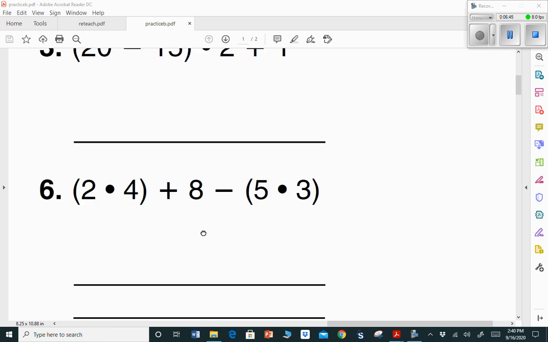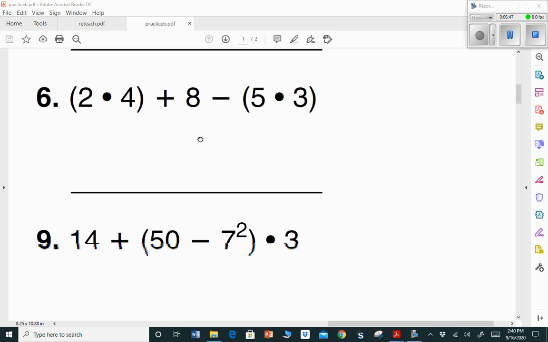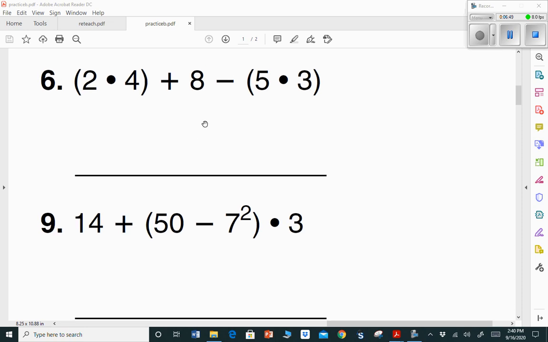Let's go ahead and do number 6 since it's right here. We've got parentheses. 2 times 4 is 8, and parentheses 5 times 3 is 15. I will allow you to do those two things in the same step since they're completely separated from each other, do not affect each other at all.